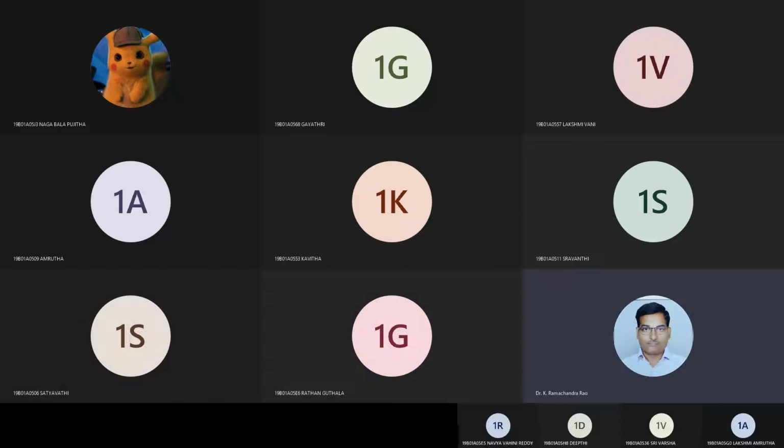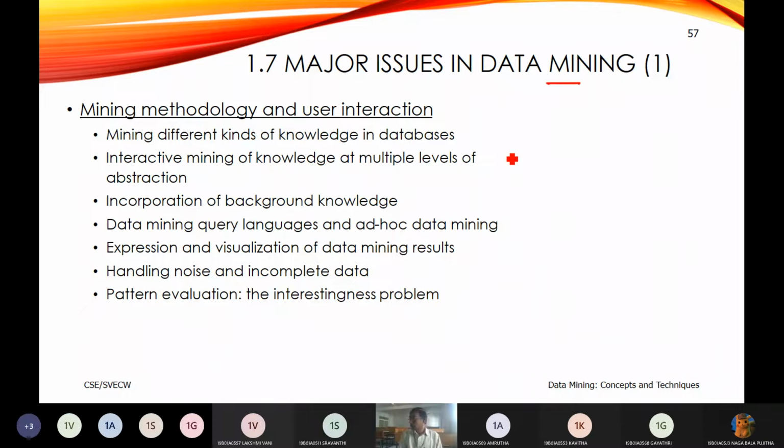The major issues of data mining. The major issues, one, we were talking that there will be different kinds of knowledge in the databases.